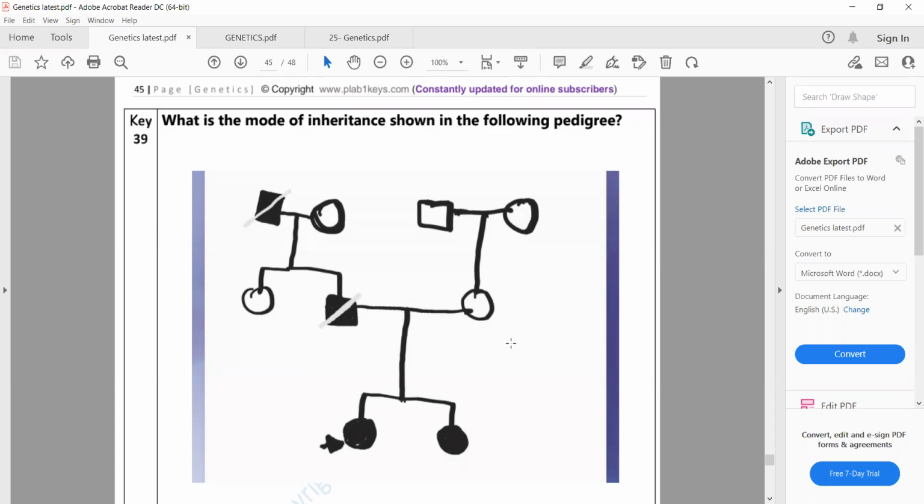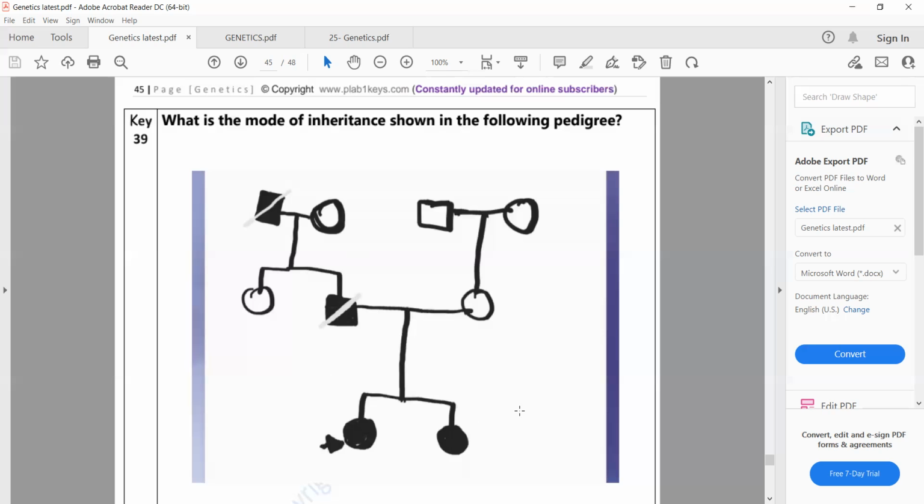To decide that, we'll see that in the first generation, males are affected, and in the second generation, females are affected. So males and females both are affected. So we can say that it's an autosomal pattern of inheritance.